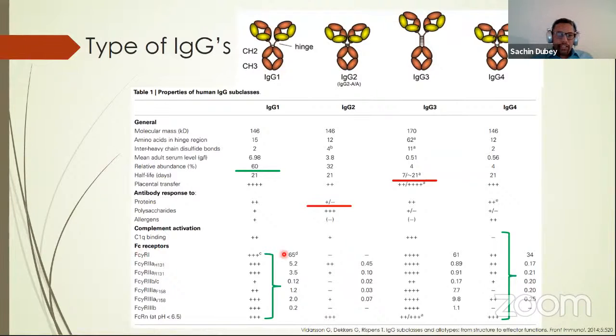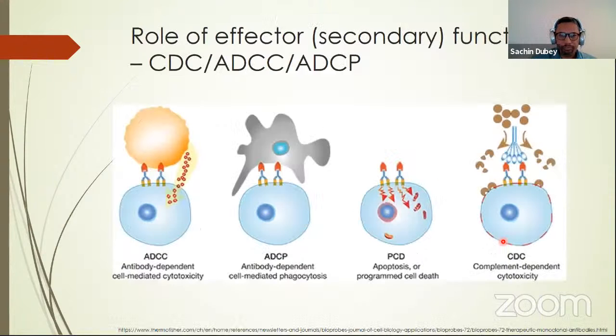While IgG1 has a higher propensity for effector functions, IgG4 has, on a comparative level, a lower propensity to engage complement activation or other secondary functions. I will explain why these functions are important. Just keep in mind that IgG1 elicits the secondary functions, while IgG4 does so less than IgG1.